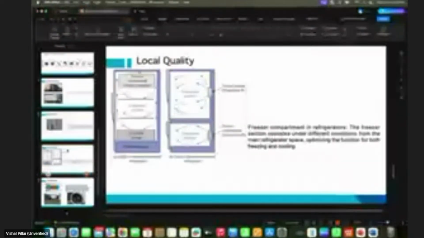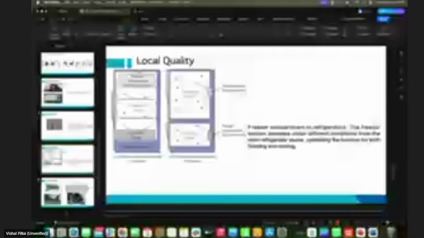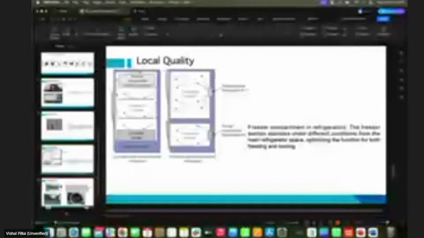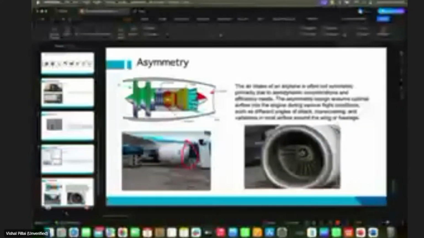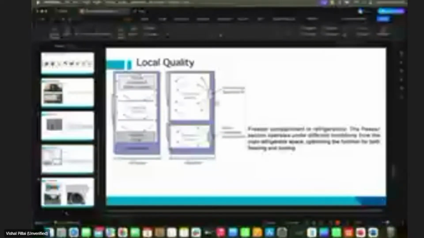So I was at this slide which is talking about local quality. It is very important to understand that these are some of the elements of how you are able to go for an innovation. In the new fridges, you will find that there are two evaporators and two compartments.